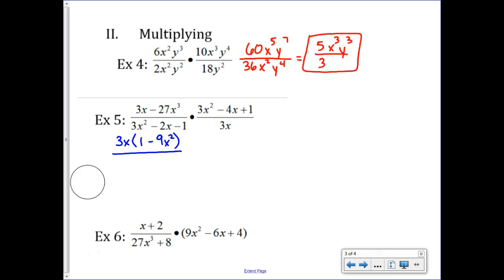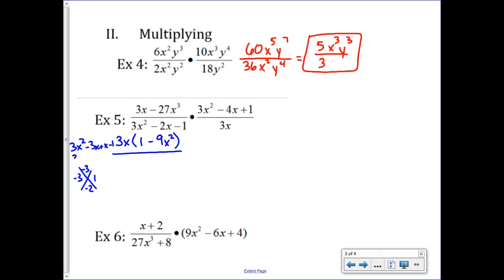So let's see, multiply to negative 3 and add to negative 2. So I need negative 3 and positive 1. So I'm going to break that apart. So 3x squared minus 3x plus x minus 1.